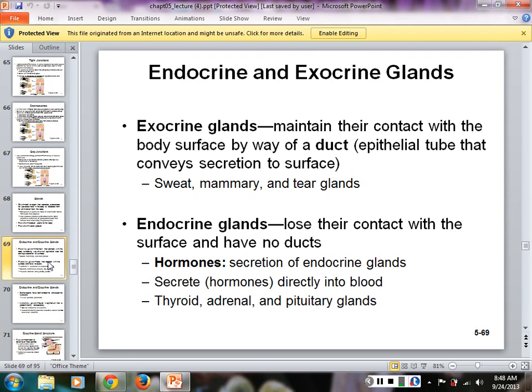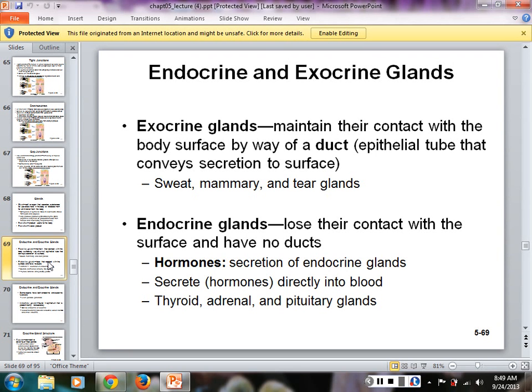Those are called ducts. So certain fluids, anything that has to be secreted, has to travel through a what? A duct. They could be simple or they could be compound. And if you look at them, they're all different. The one from the sweat gland does not look like the mammary gland, or does it look like what? The pancreas. Okay?